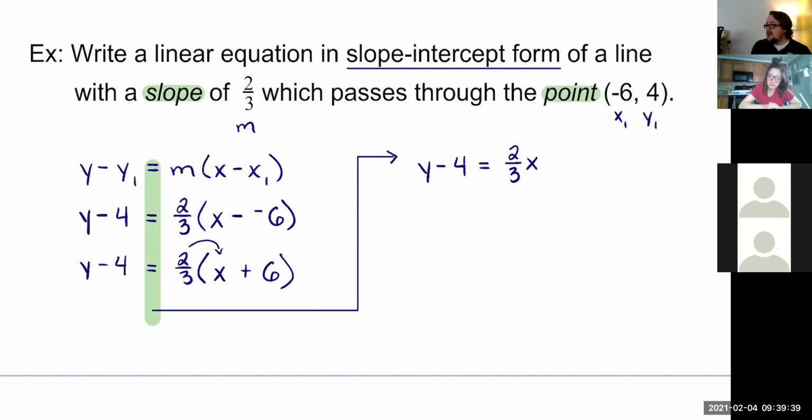But because I don't have a calculator in my hand right now, I'm going to show you the quick mental method that I use when I multiply these fractions. So I'm going to take now the 2/3 times the 6. And what I do in my head is a little two-step adjustment. I'm going to take that positive 6 and multiply it with the numerator.